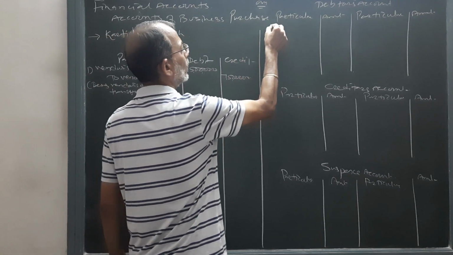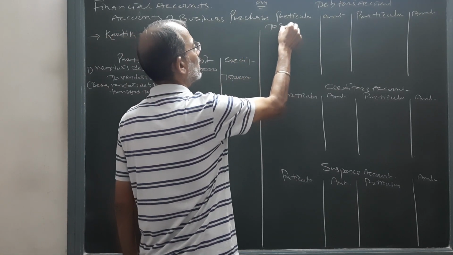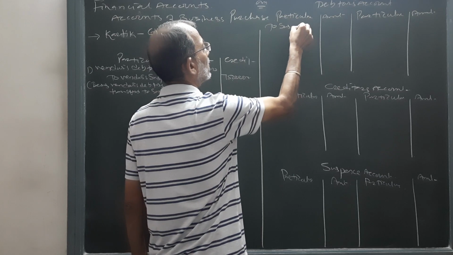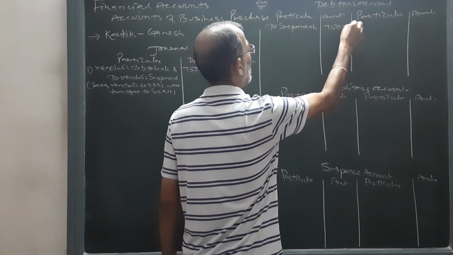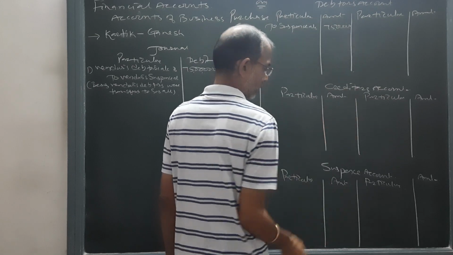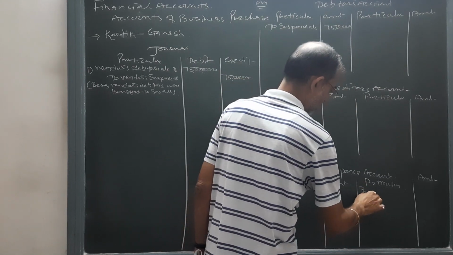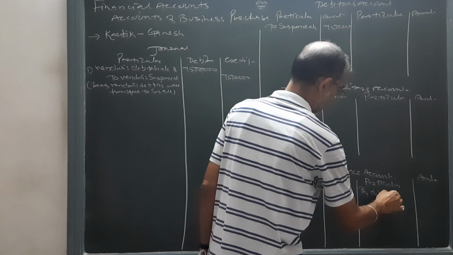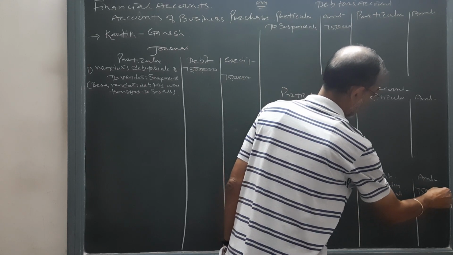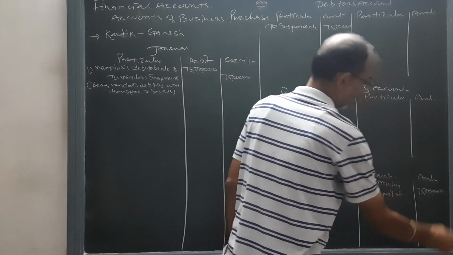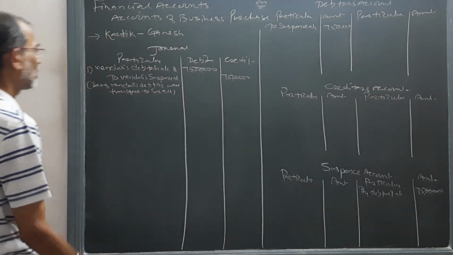So to suspense account, while by debtors account 75 lakh.